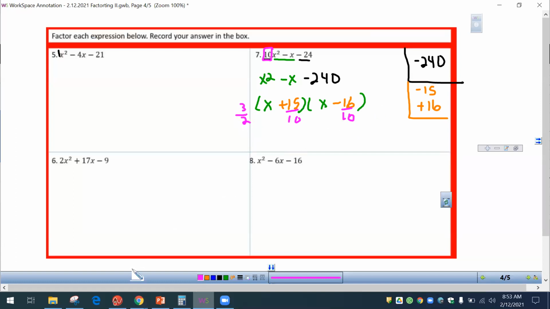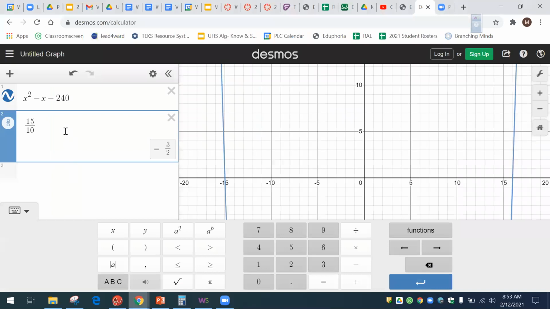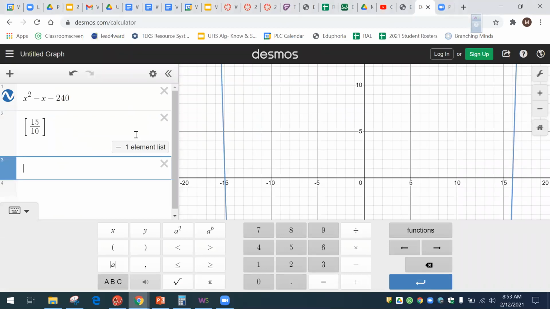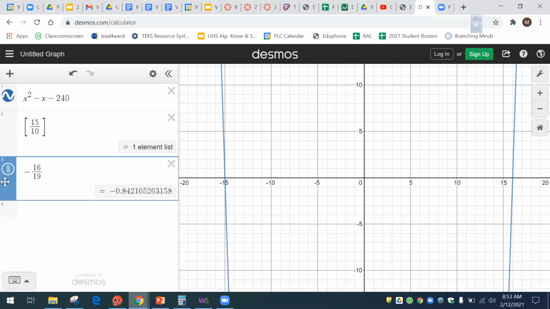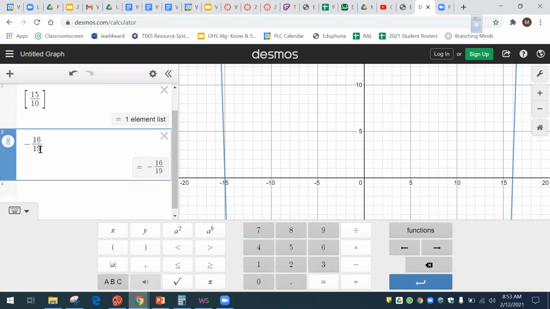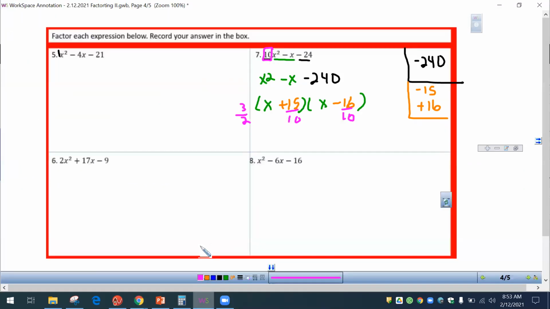And then this negative 16 over 10 becomes, did it again, negative 8 over 5.